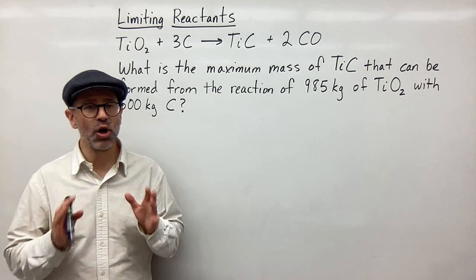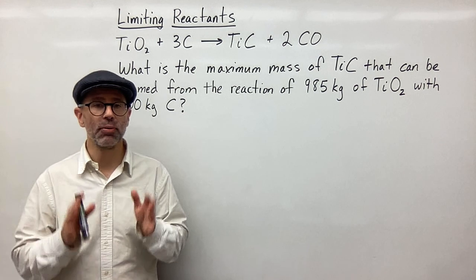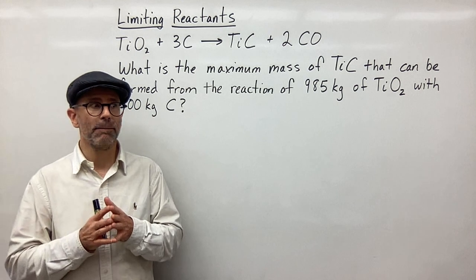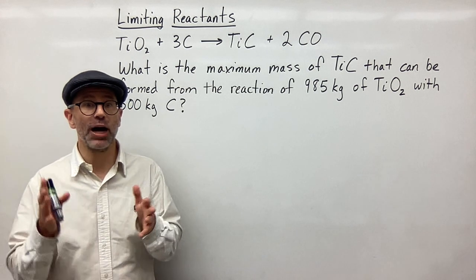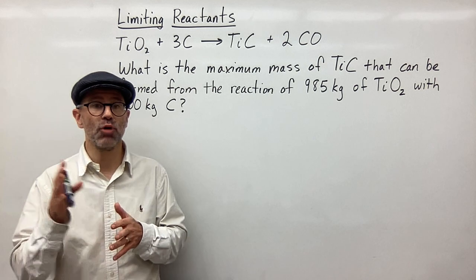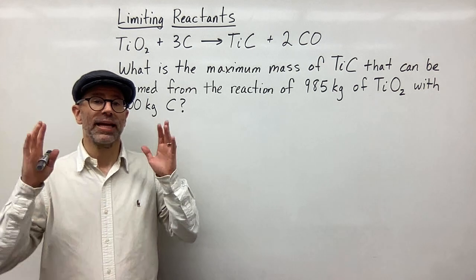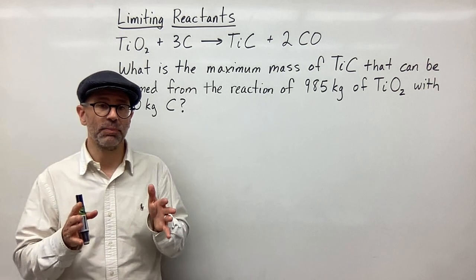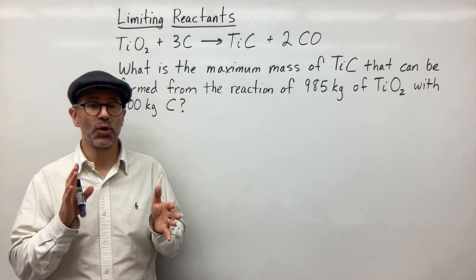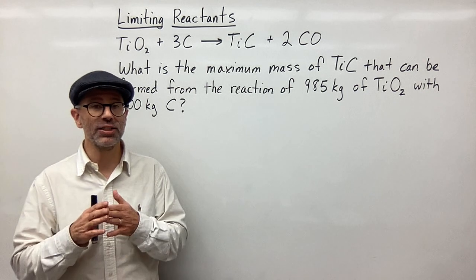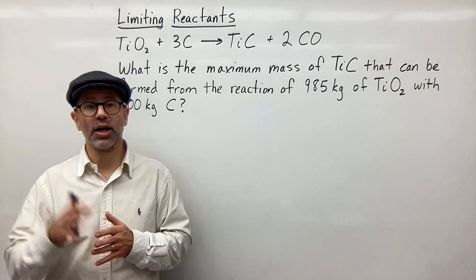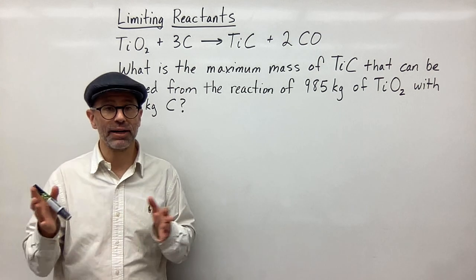In that case, we don't have a limiting reagent problem because both of them are equally the limiting reagent. You don't need to figure out which one is going to run out first. So, in a limiting reagent problem, one of them is going to run out before the other one, while the other one you're going to have an excess amount left over.